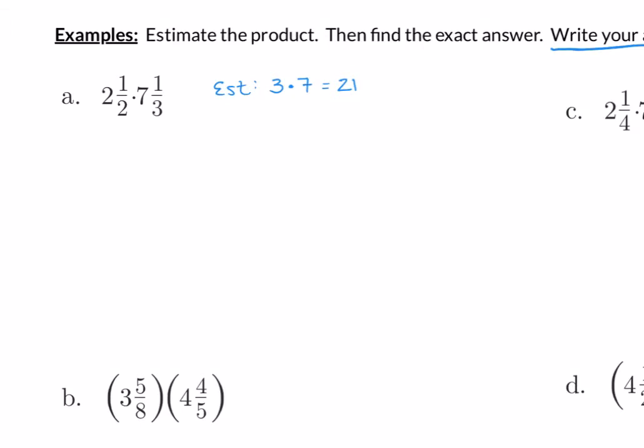All right, so let's go ahead and find our exact answer. First thing I want to do is convert to improper. So remember, this is kind of our around the world thing. We're going to multiply 2 times 2, which is 4, and add 1. We get 5 for our numerator, and keep the denominator the same.